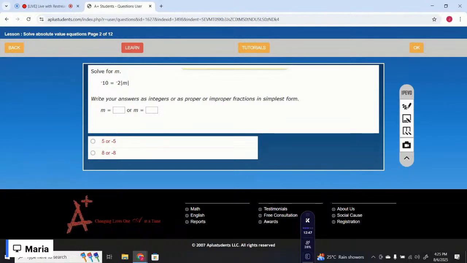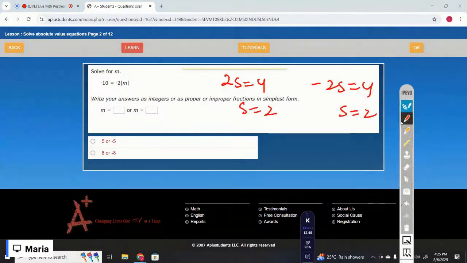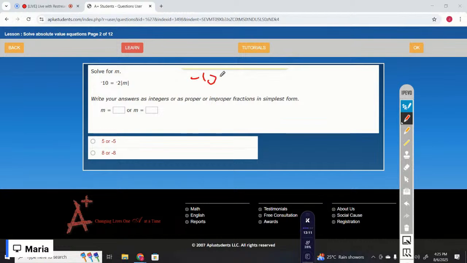Okay, solve for m. Negative 10 equals negative 2 times the absolute value of m. So that would be negative 10 equals negative 2m and negative 10 equals 2m.